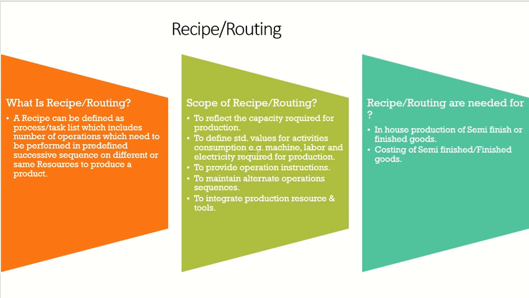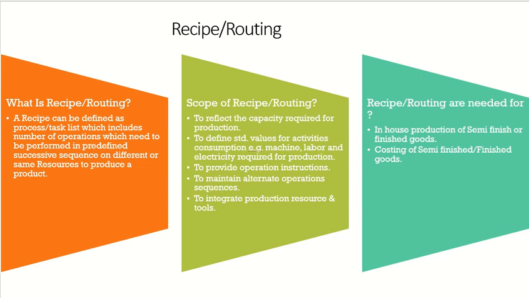Now recipe or routing. Same as resource and work center, recipe and routing are used in different types of industry. Recipe is used in process industries, chemical and pharma industry. Routing is used in discrete manufacturing, like automotive, where products change their shape frequently.